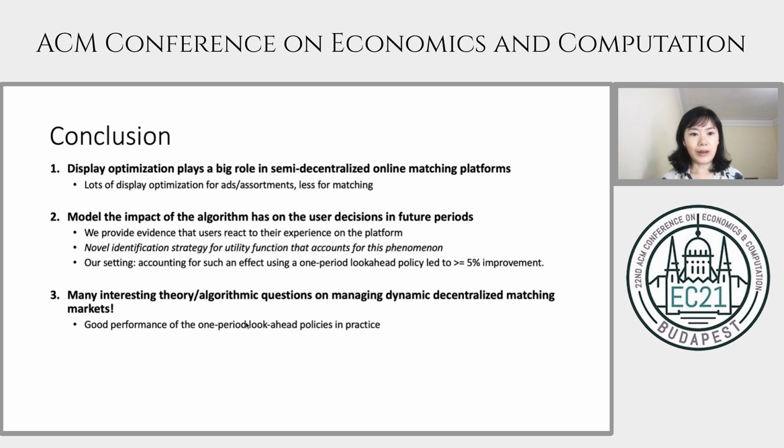We showed that modeling the impact the algorithm has on users' decisions in future periods is very important. We have some evidence of that, and we also provide a novel identification strategy to account for this phenomenon. We show that in our setting, accounting for the users' reaction leads to a substantial amount of improvement.